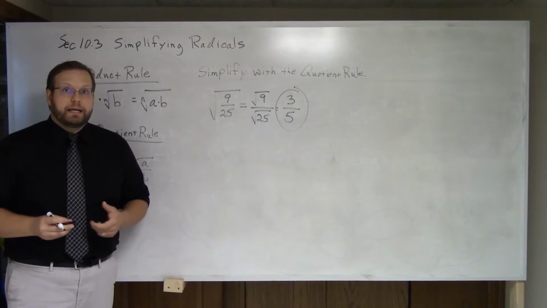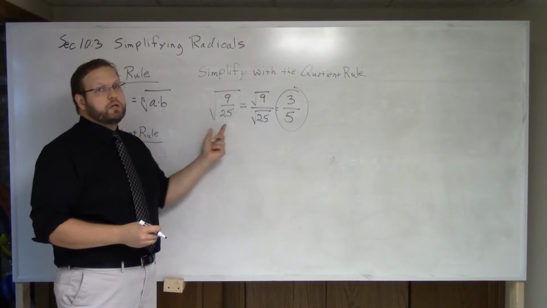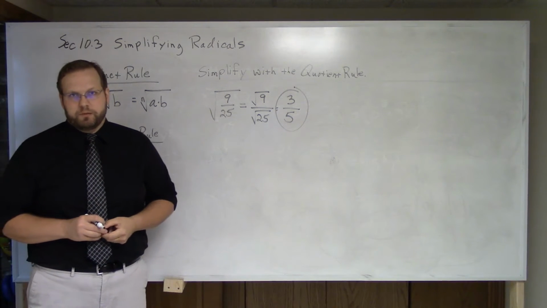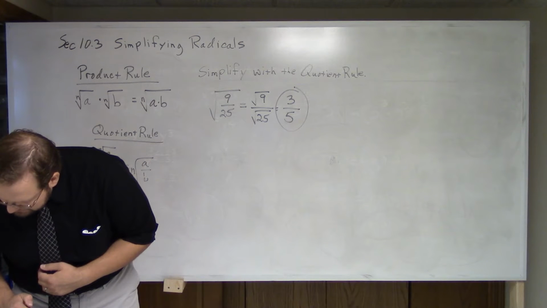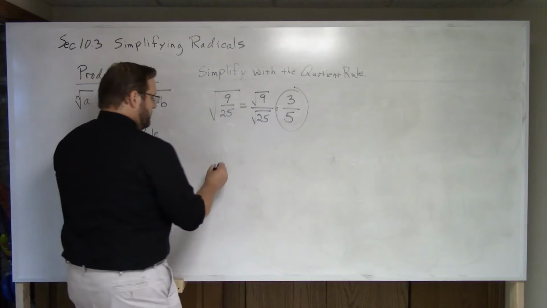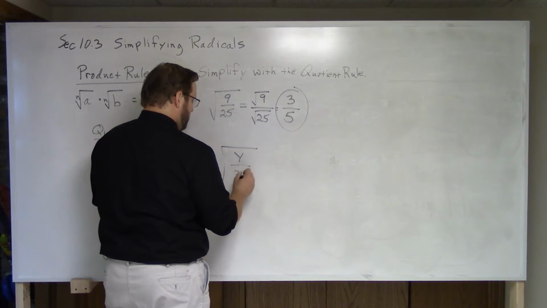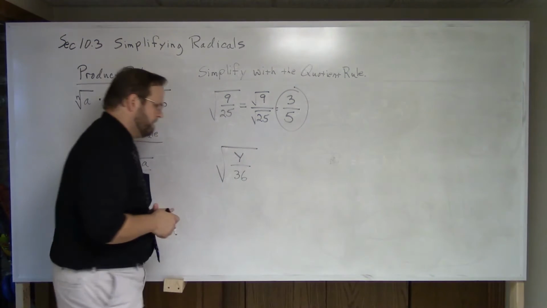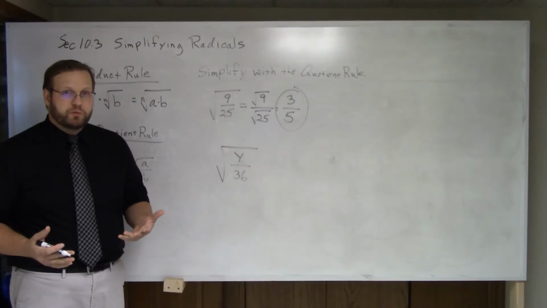Okay? Again, what it allows us to do is either take it apart, or if we started like this, we could pull it together if that would help in the problem. How about something like this? Okay? Again, y over 36 we can't really do much with.